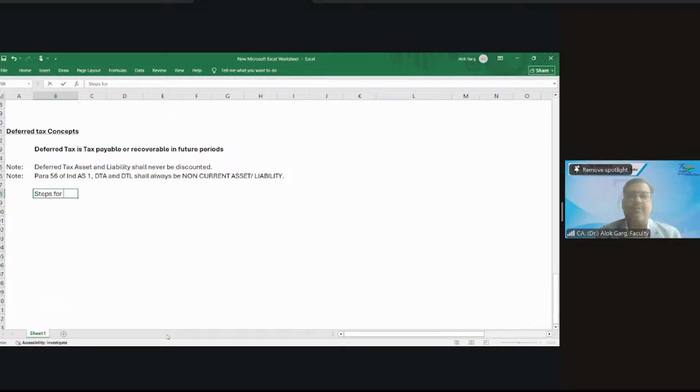Steps for computing deferred tax. What are the steps for computing deferred tax? Are you aware of the deferred tax concept? Step number 1, friends.